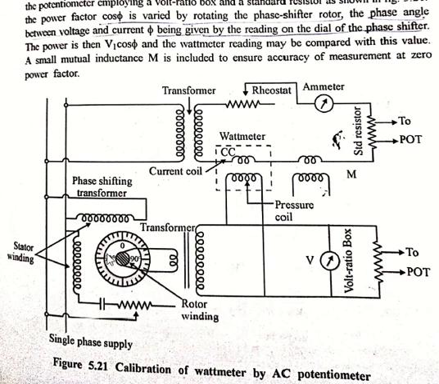The power is then V1 cos phi, and the wattmeter reading may be compared with this value. A small mutual inductance M is included to ensure the accuracy of measurement at zero power factor. So this is the calibration of a wattmeter by AC potentiometer, which is similar to that of the DC potentiometer.